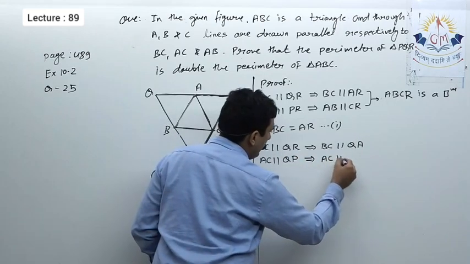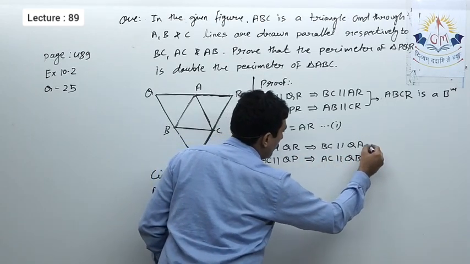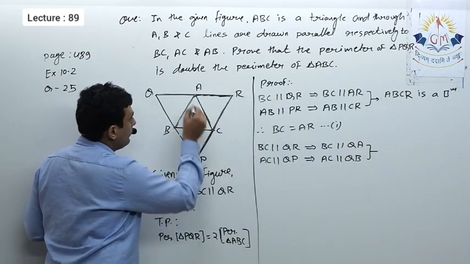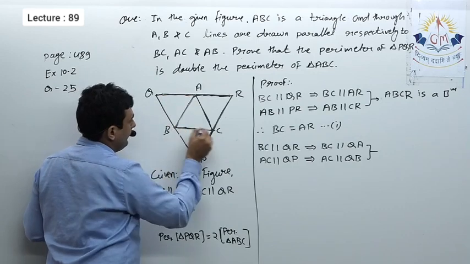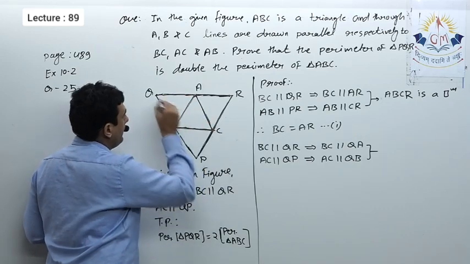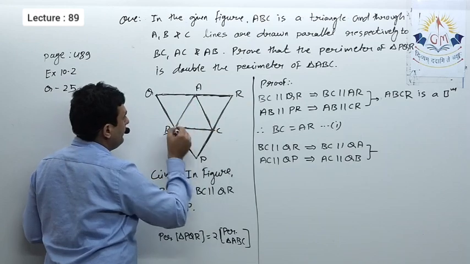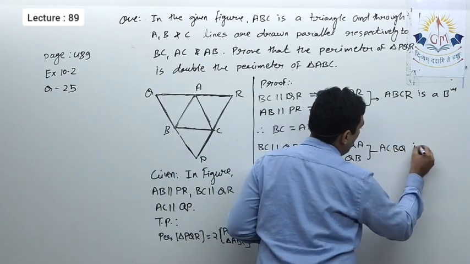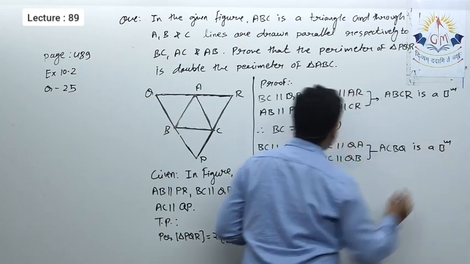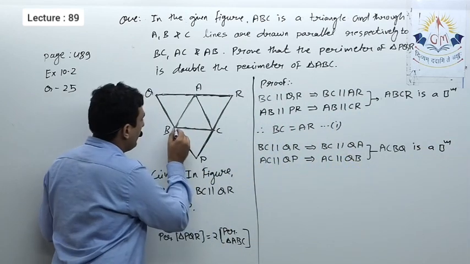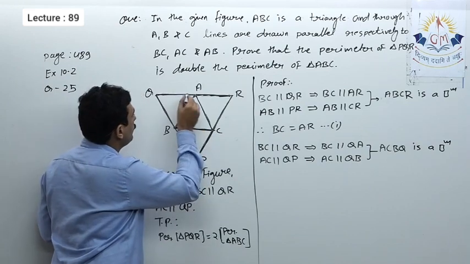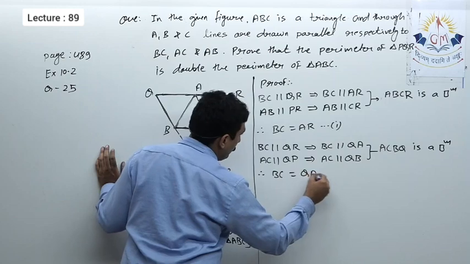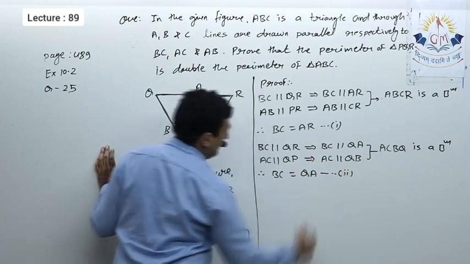So by combining these, I have BC parallel QA and AC parallel QB, so I can say ACBQ is a parallelogram. As this is a parallelogram, I can say BC equal to QA. Let it be second.